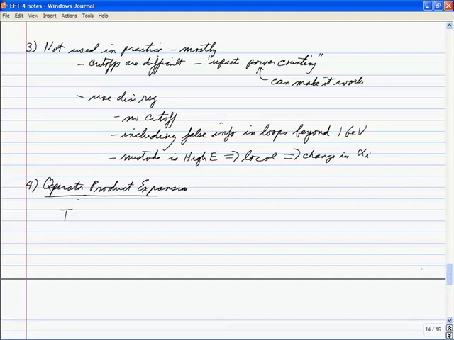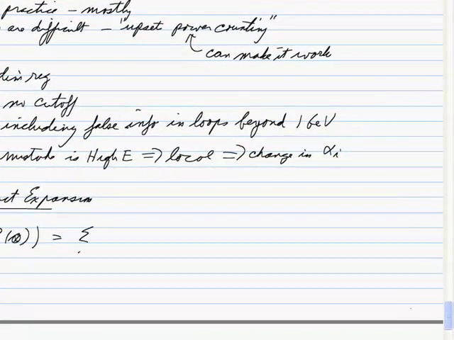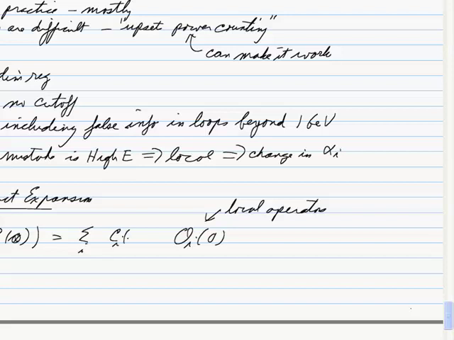So remember, the idea of the operator product expansion is taking two operators at different points, and as the points get very close together, this gets expressed in terms of local operators, and in principle coefficient functions that carry any residual x dependence.